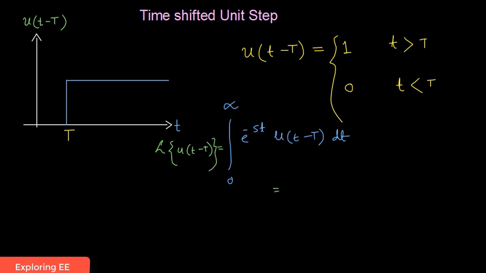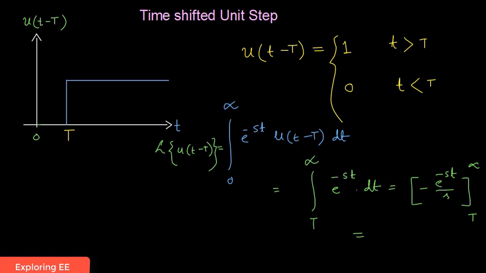From 0 to T, u(t-T) is 0, right? The multiplication is 0, so instead of 0 to infinity, it is T to infinity of e^(-st) dt, which is minus e^(-st) by s under the limit T to infinity. e^(-infinity) is 0, minus of minus e^(-sT) by s.